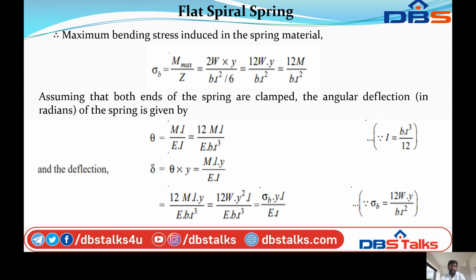Therefore, maximum bending stress induced in the spring material, sigma B is equal to M max by Z, that is equal to 2W into Y by B into T square by 6, that is equal to 12W into Y by B into T square, that is equal to 12 into M by B T square.